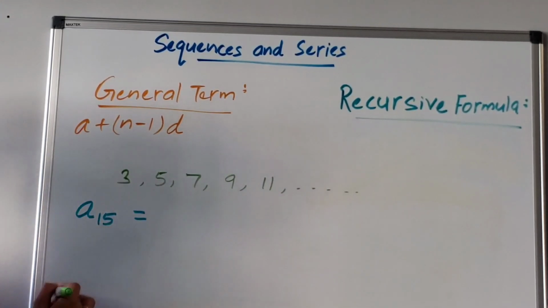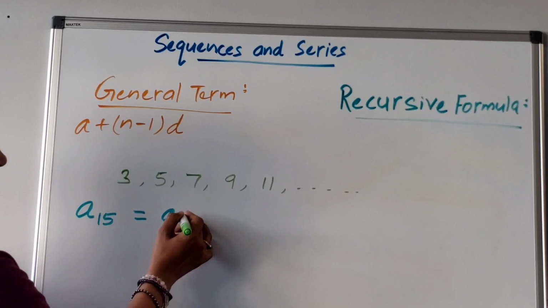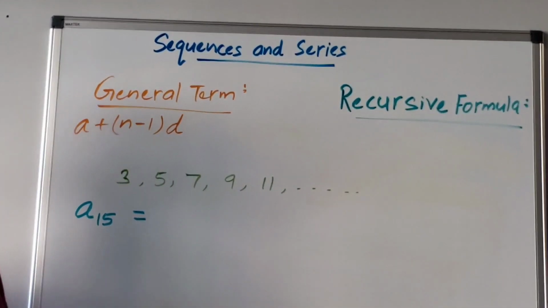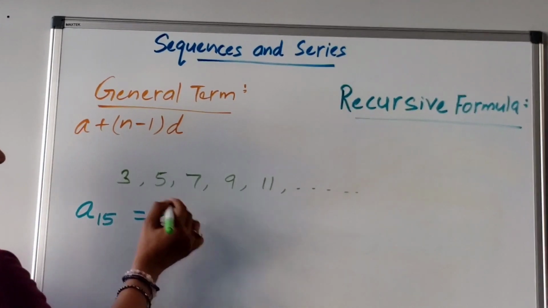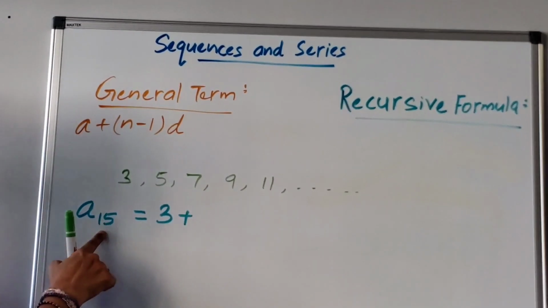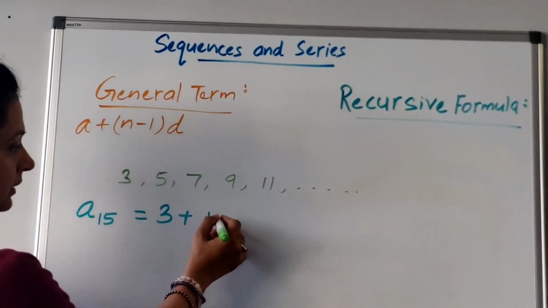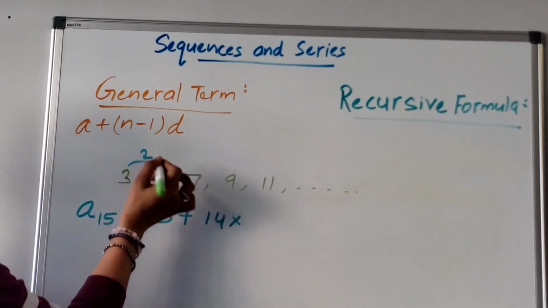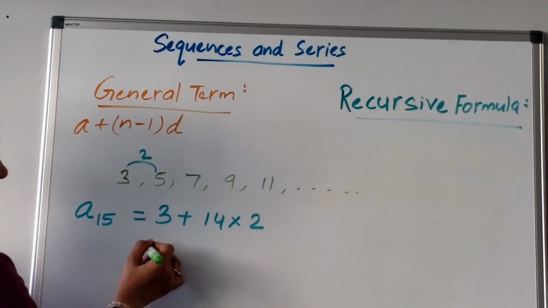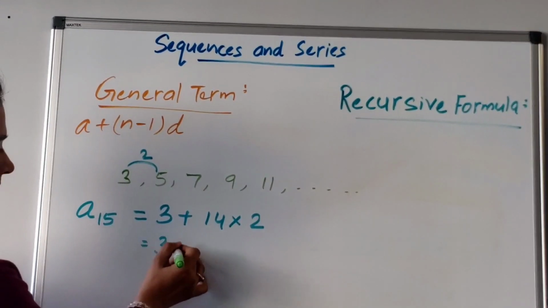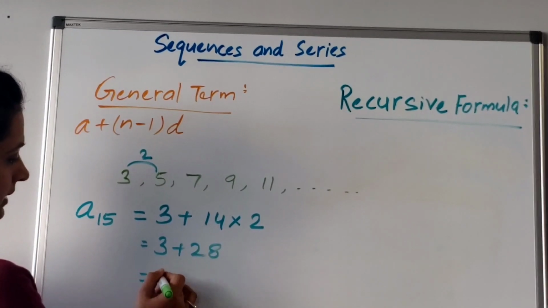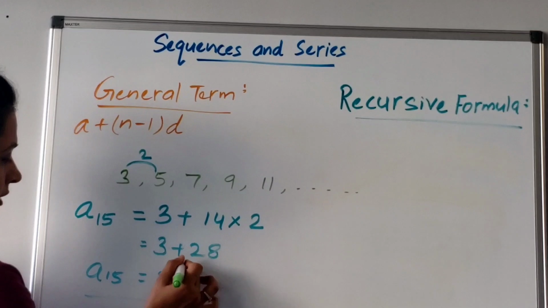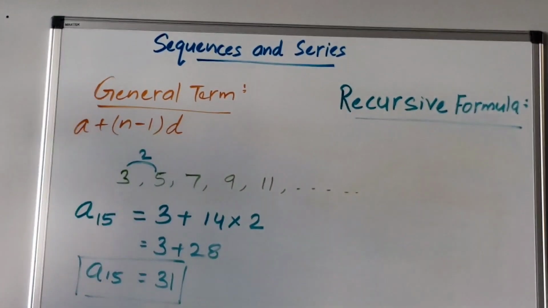So A15 would be the first term directly plus n minus 1, that's 15 minus 1, 14 times the common difference, and that's 2 here. Using BEDMAS, 3 plus 28 makes 31. So my 15th term in this sequence should be 31.